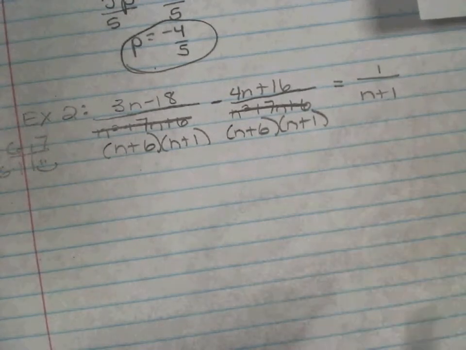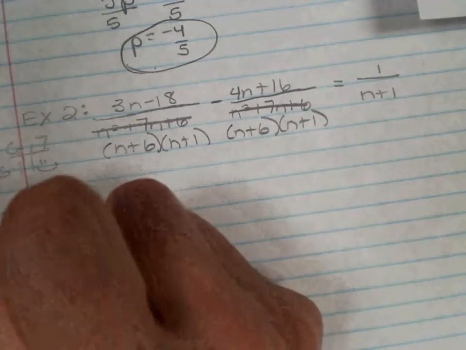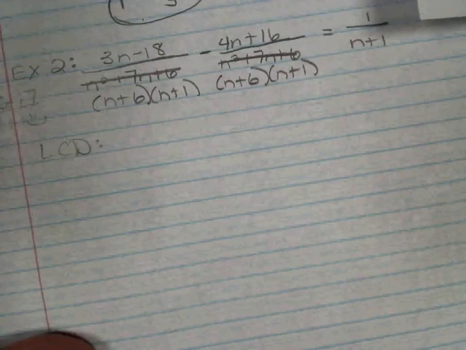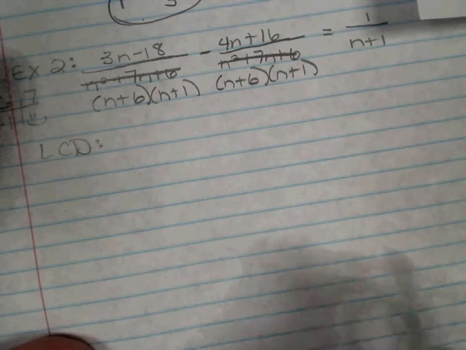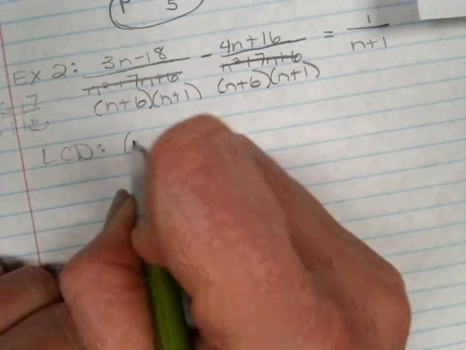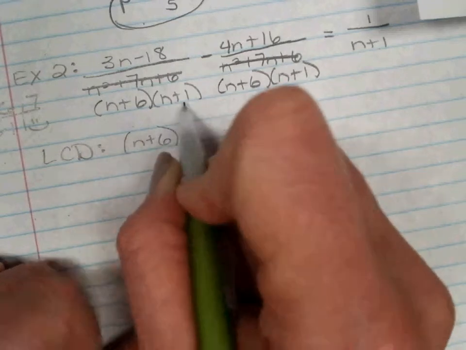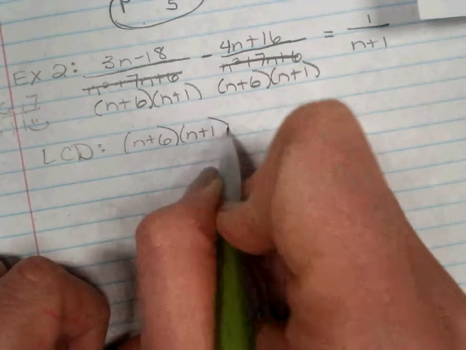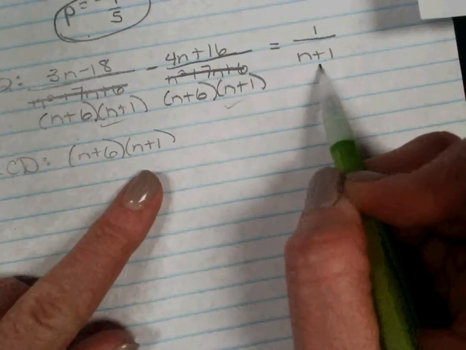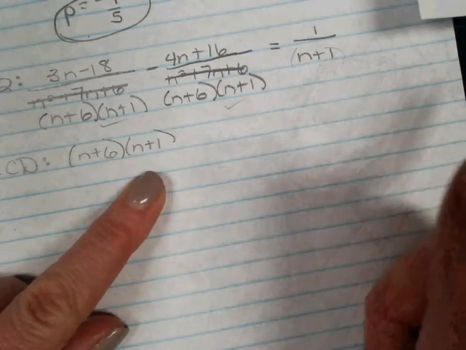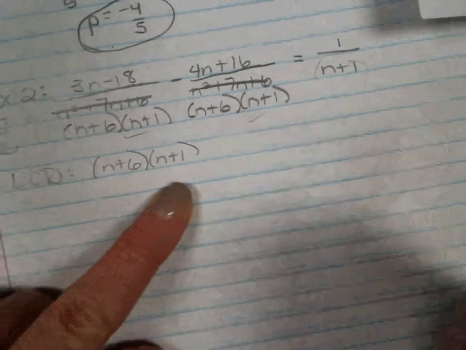Can't factor this one. Now that they're factored, I find the least common denominator. Remember, you have to include each piece, so we go through and see, okay, n plus 6, we need to include that. Need to include an n plus 1. Covered, check, check. Over here, n plus 1's already covered. Remember, we've got the phantom parentheses there.